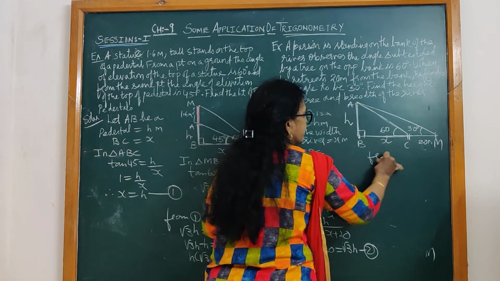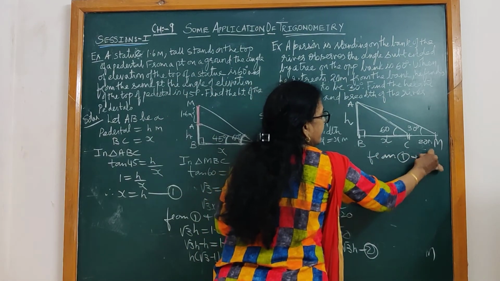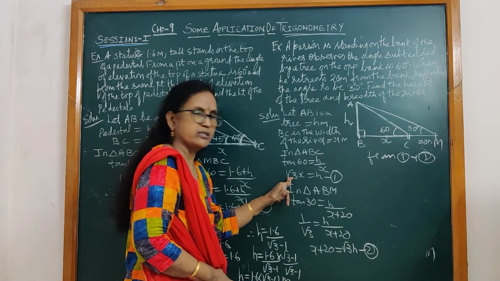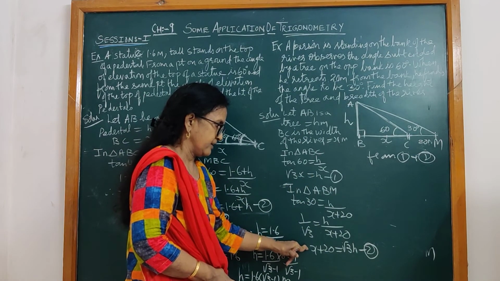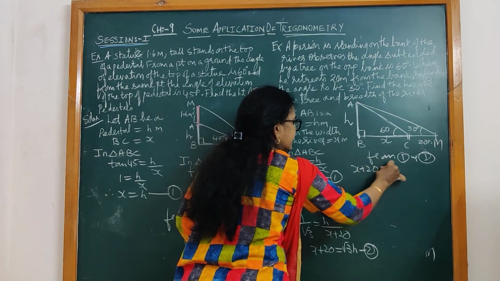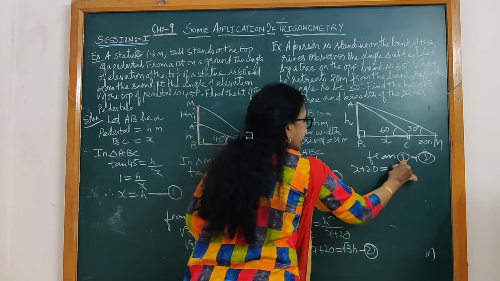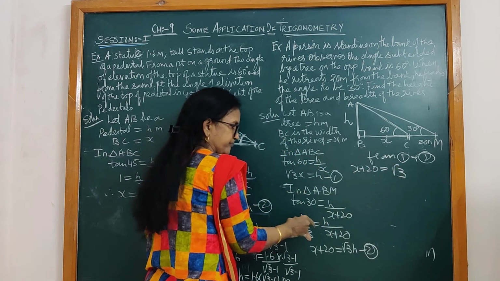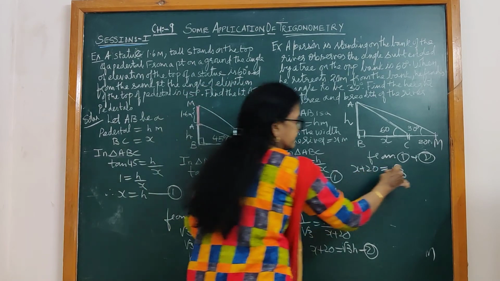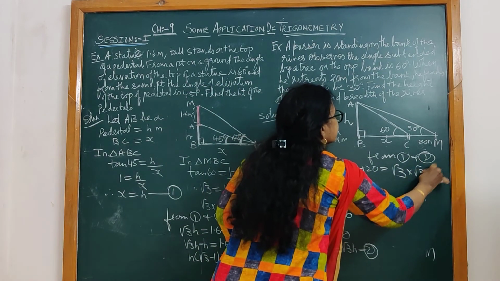From 1 and 2, now what can you replace? h as root 3x in this. So we will write x plus 20 is equal to root 3 h. Instead of h, I can place root 3x, into root 3x.